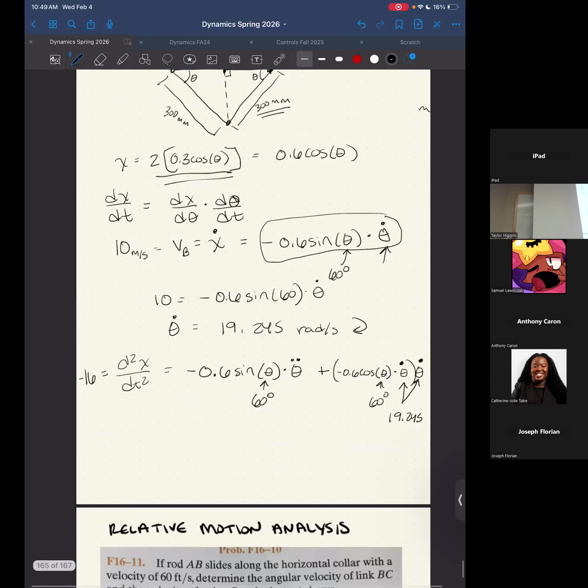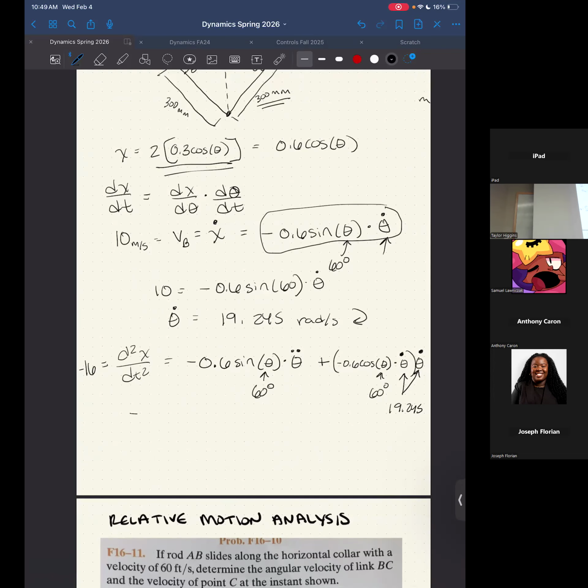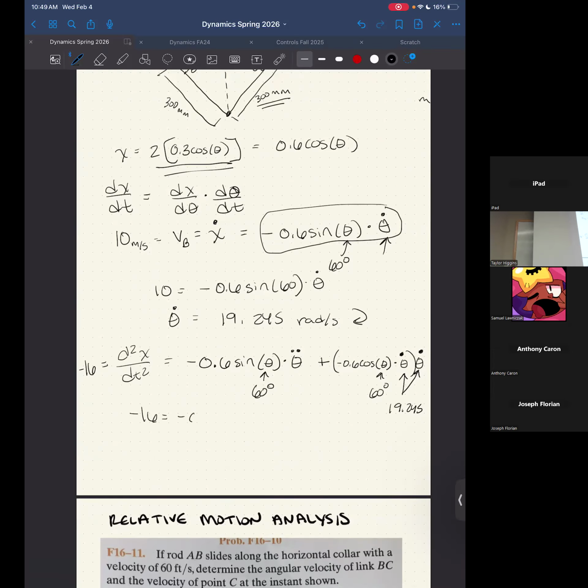So I can solve for alpha. This is minus 16 equals minus 0.6 sine 60. I can even plug this in if I wanted to. Solve for alpha, we should get 183.